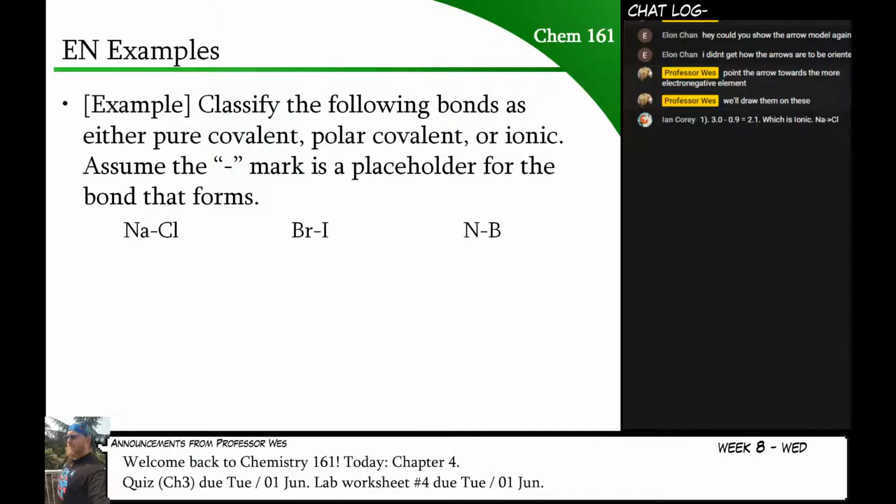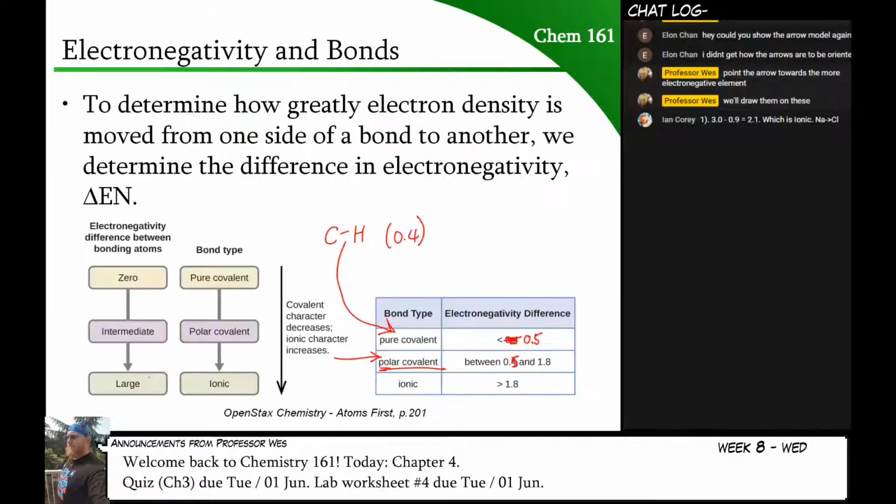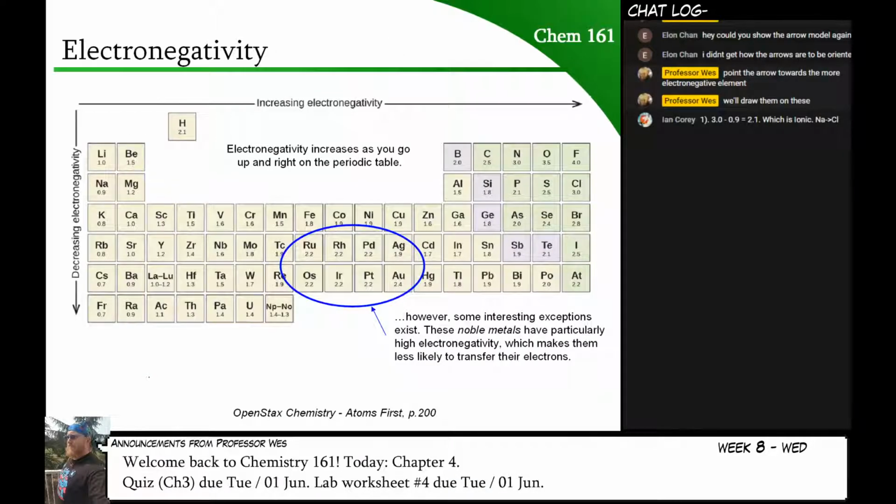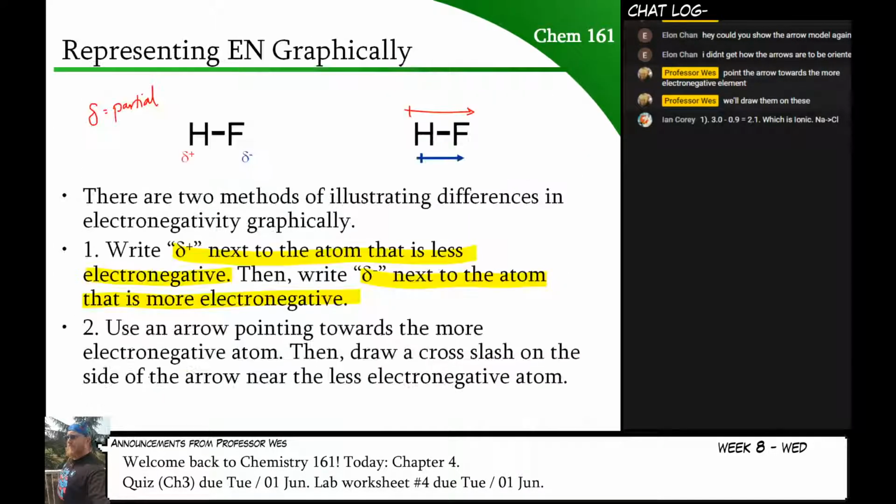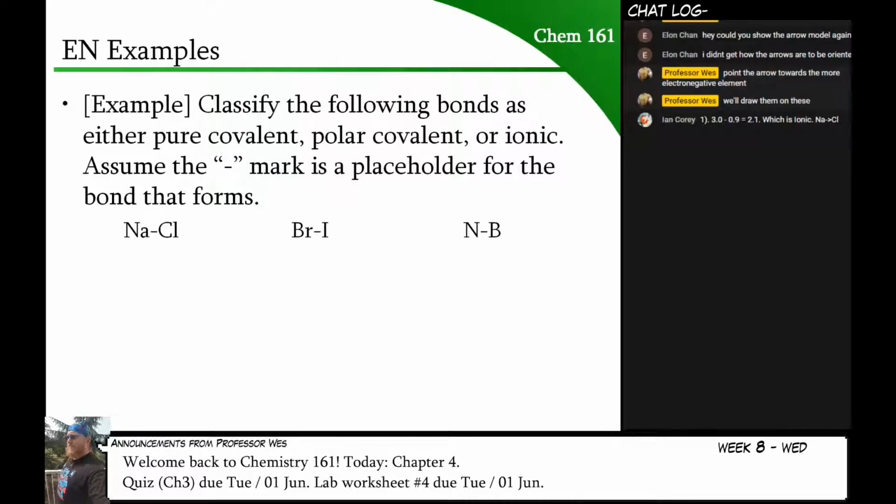All right, let's go over the answers here. So for sodium and chlorine, I actually have to go back and look at sodium and chlorine. I know chlorine is 3.0. Sodium is 0.9. Okay. So chlorine is 3.0.